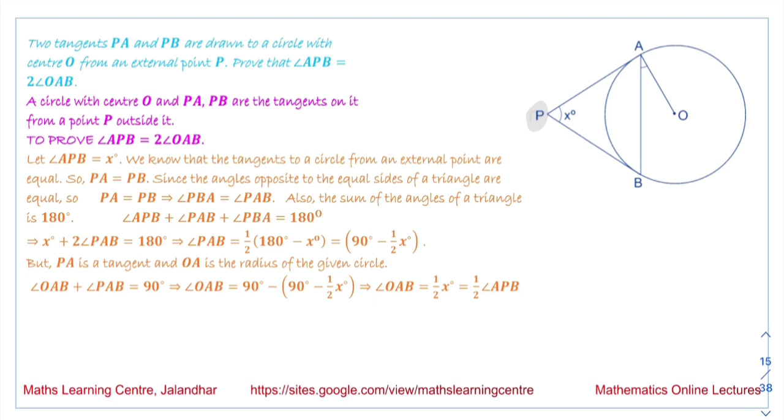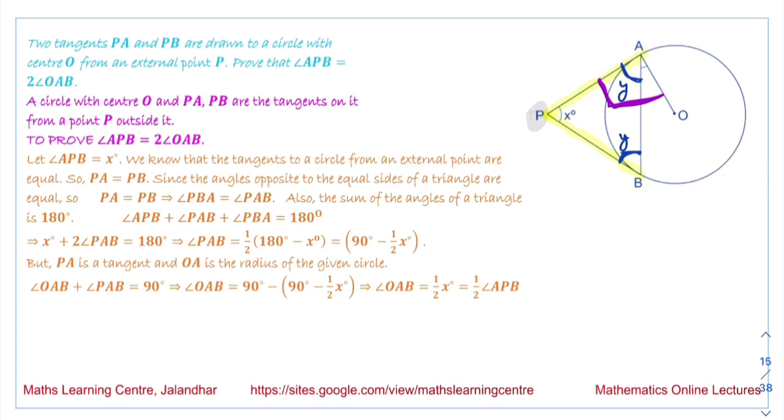Now we know that the lengths PA and PB will be equal. So if this angle at A is y, then this angle at B is also y degrees. Second thing we have is that the measure of this angle at A is 90 degrees.